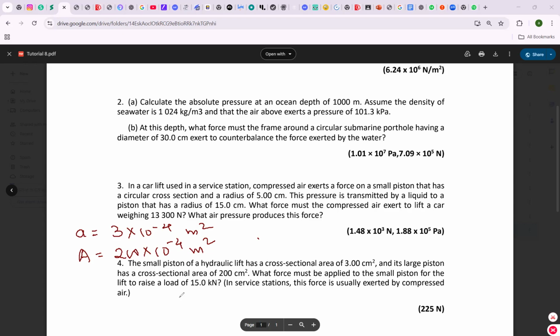Small f over 3 into 10 power negative 4 is equal to big F. The big F is 15 kilonewton. First we convert the 15 kilonewton to Newton, which is 10 to the power 3, since kilo means 3.